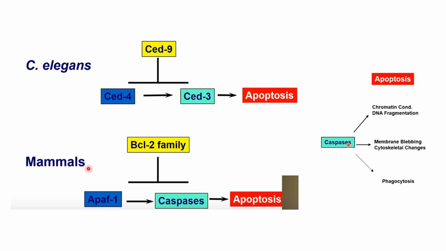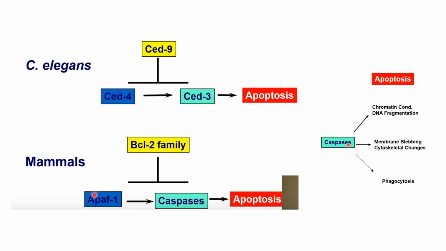So when we talk about the mammalian side, there are APAF1 and caspase. Okay, so CED4 corresponds to APAF1 and CED3 corresponds to caspases. And caspases are actually the proteins which promote the apoptosis, which help in activating the apoptosis pathway.